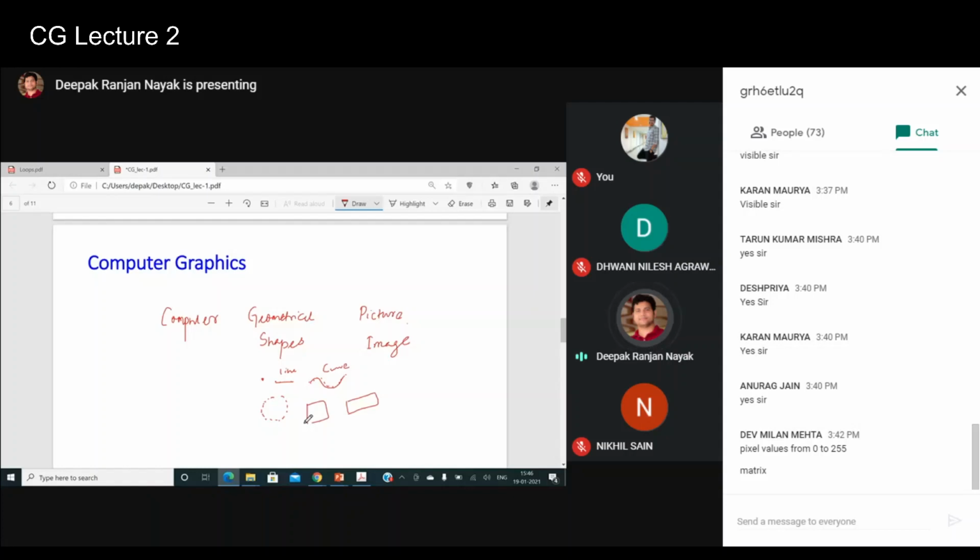If you want to change its position from one place to another on your display device, then what will you do? And if you want to rotate an object, let's say a square or a polygon, all these things you know from school geometry, and we'll use these concepts in this course.